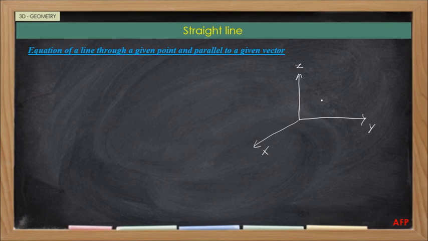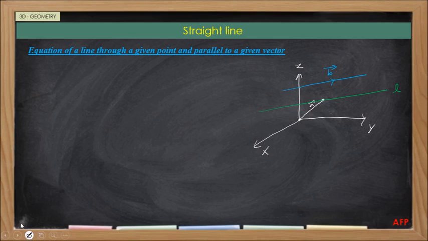So here I will take a point A, its position vector let it be vector a. A straight line L passes through it and is parallel to a given vector, having direction b. So that is vector b.